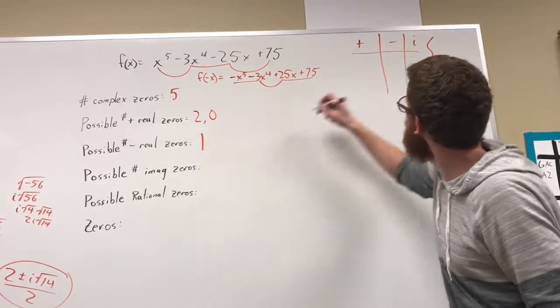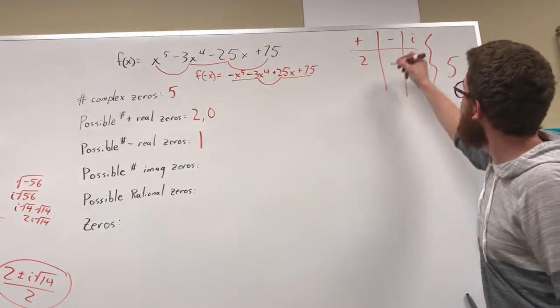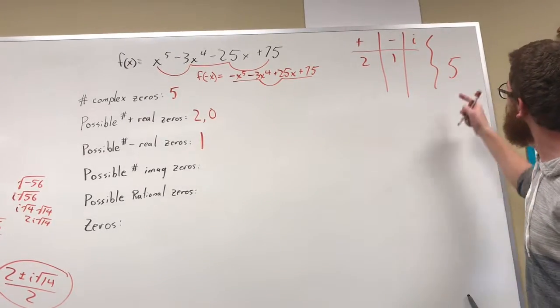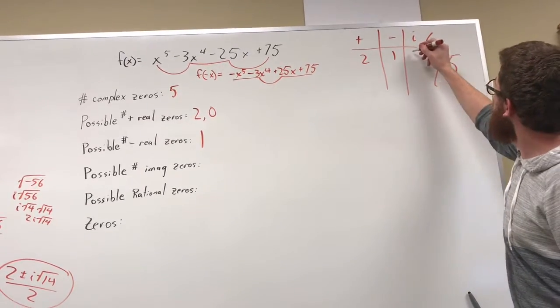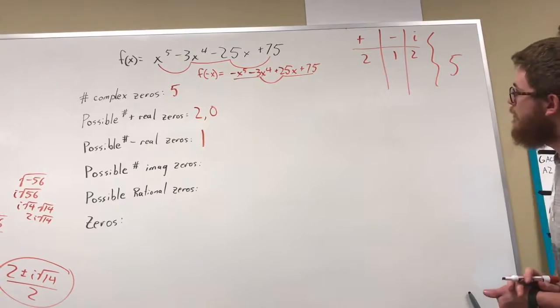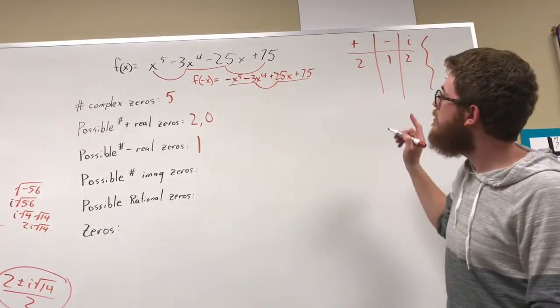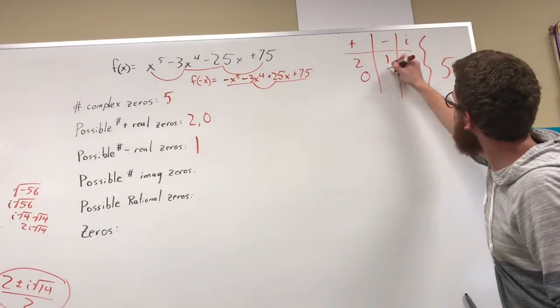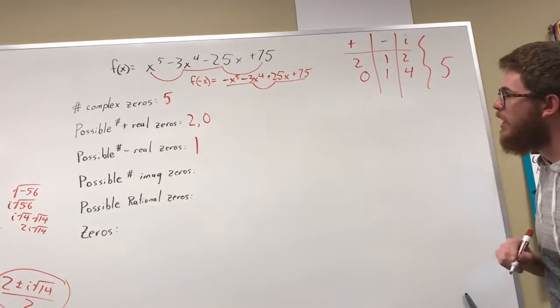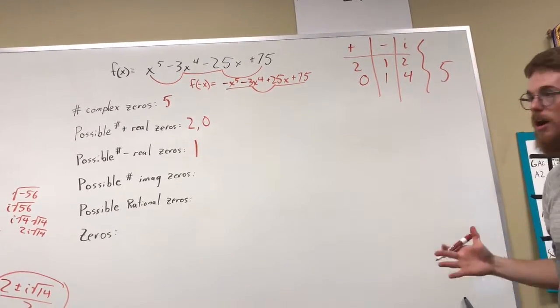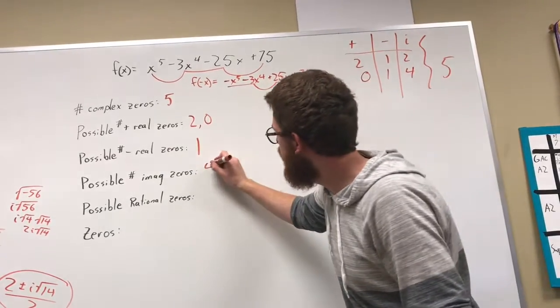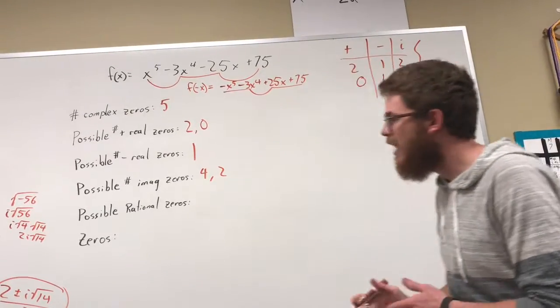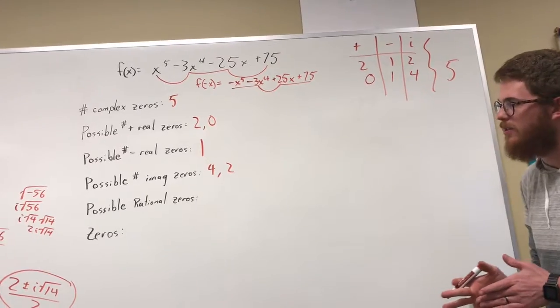Well, I could have 2 positives and 1 negative, which would leave me with 2 imaginaries. I could have 0 positives and 1 negative, which would leave me with 4 imaginary, and that's all my combinations, so I could have 4 or I could have 2 imaginary zeros.